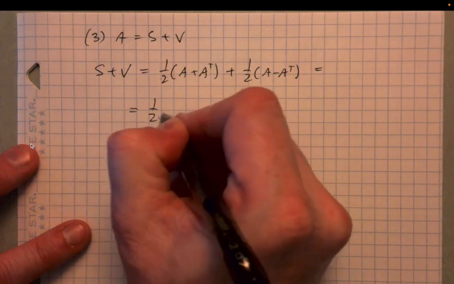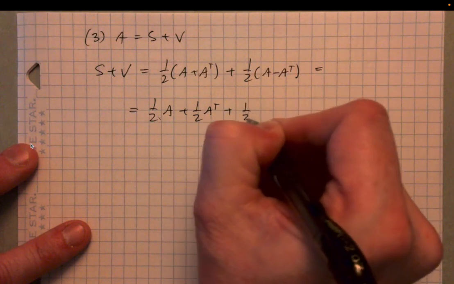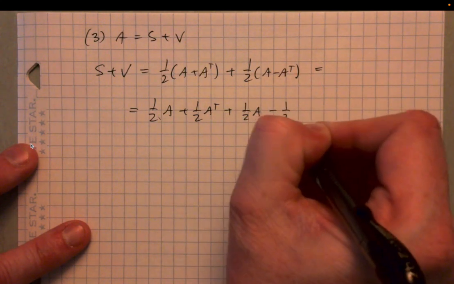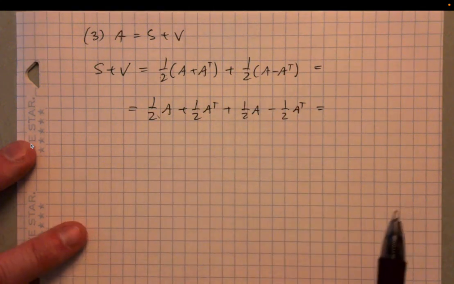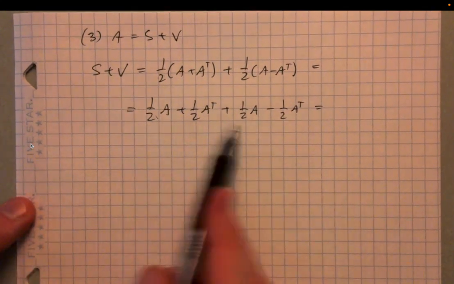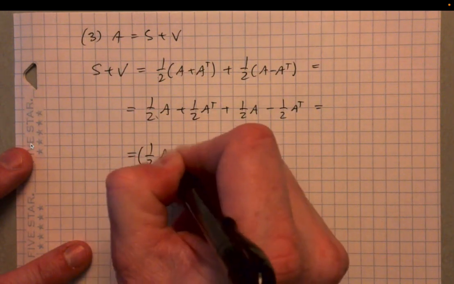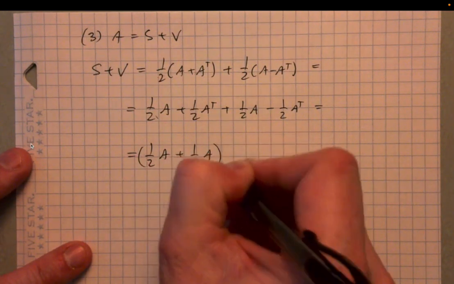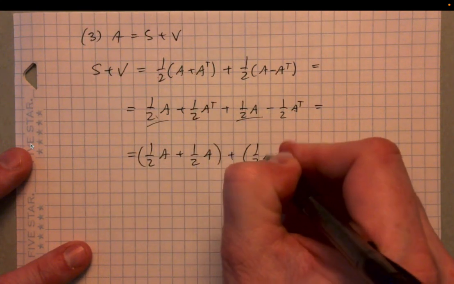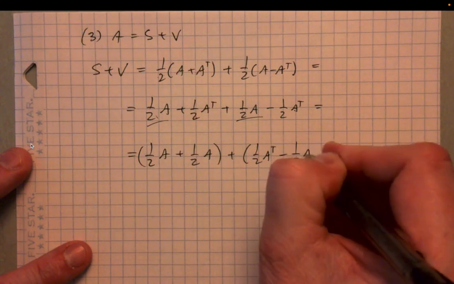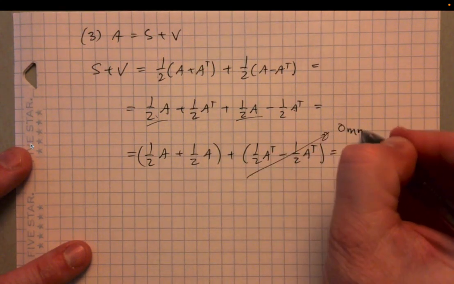And so you get 1/2 A plus 1/2 A transpose plus 1/2 A minus 1/2 A transpose. Then you can regroup these things. These are just matrices, so they can all be added together in whatever order. So I have 1/2 A plus 1/2 A, that's these two, and then these two, 1/2 A transpose minus 1/2 A transpose, which of course is equal to the 0 matrix.